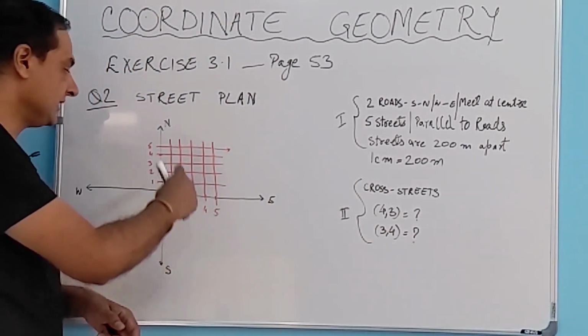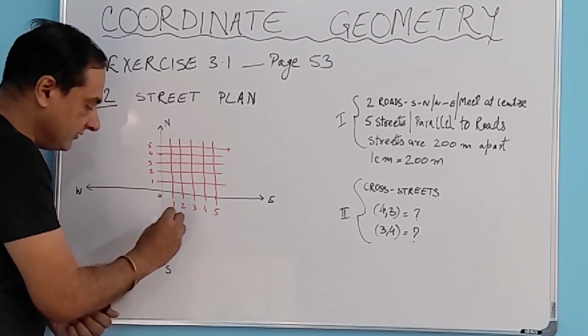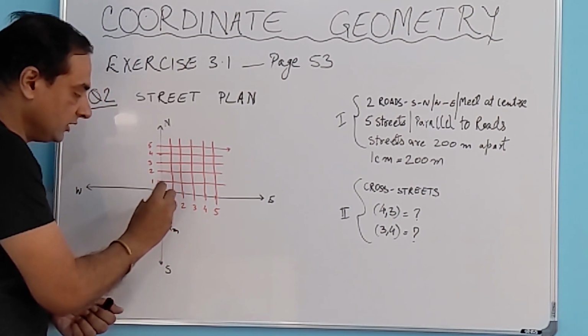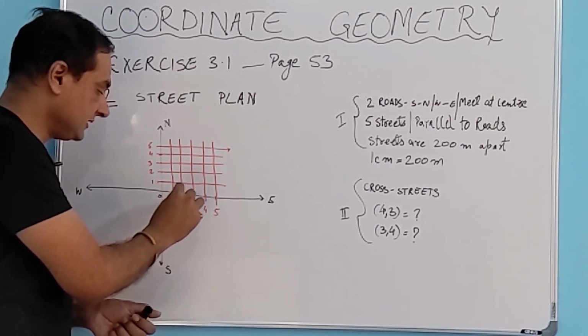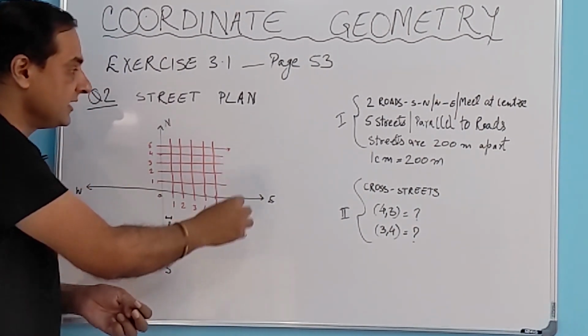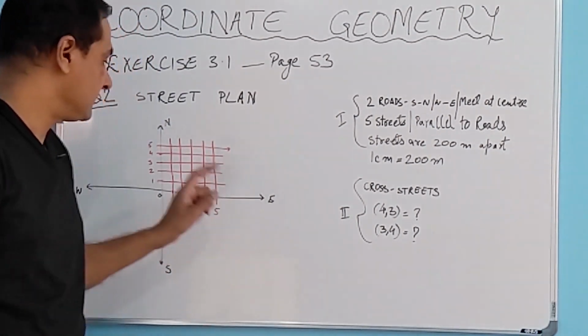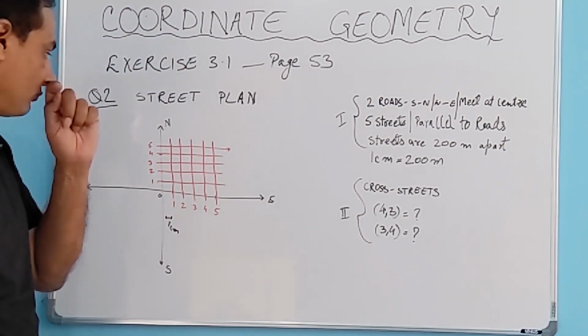So with that scale, the distance between each street is basically 1 centimeter. So on the first centimeter it is street number 1, second centimeter it's street number 2, and so on. So the first part is to draw this street plan on the paper. This is the answer. This is how we create that.